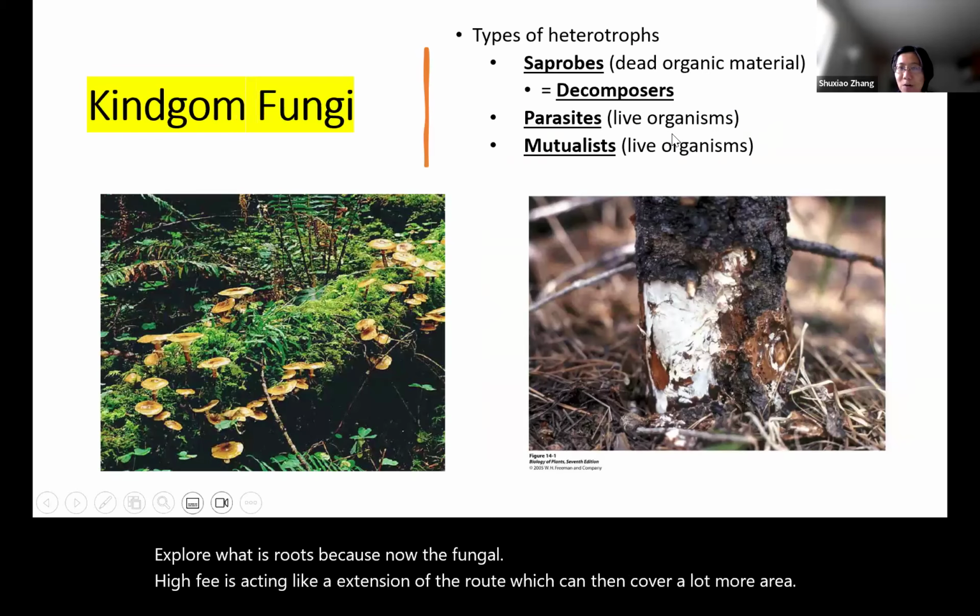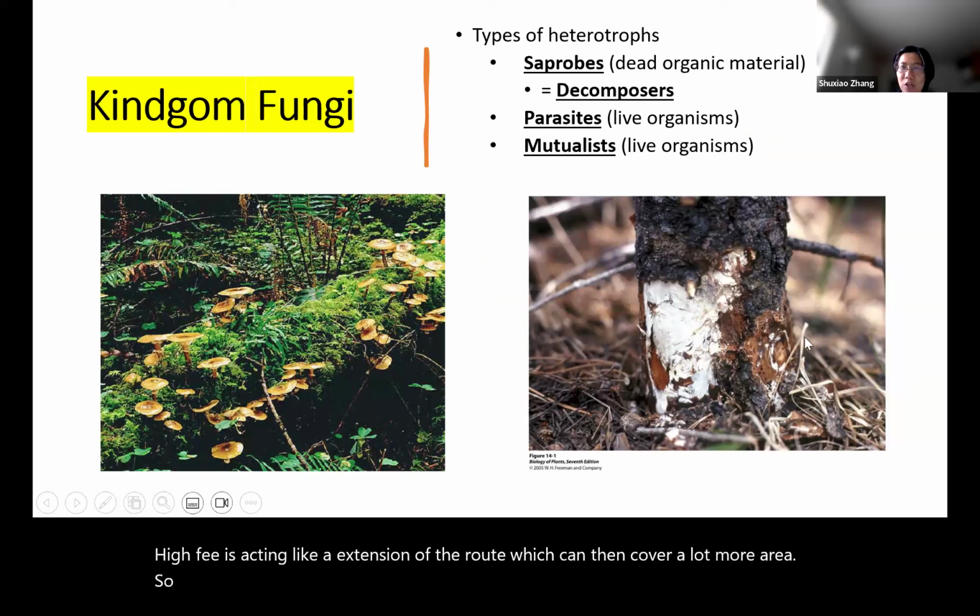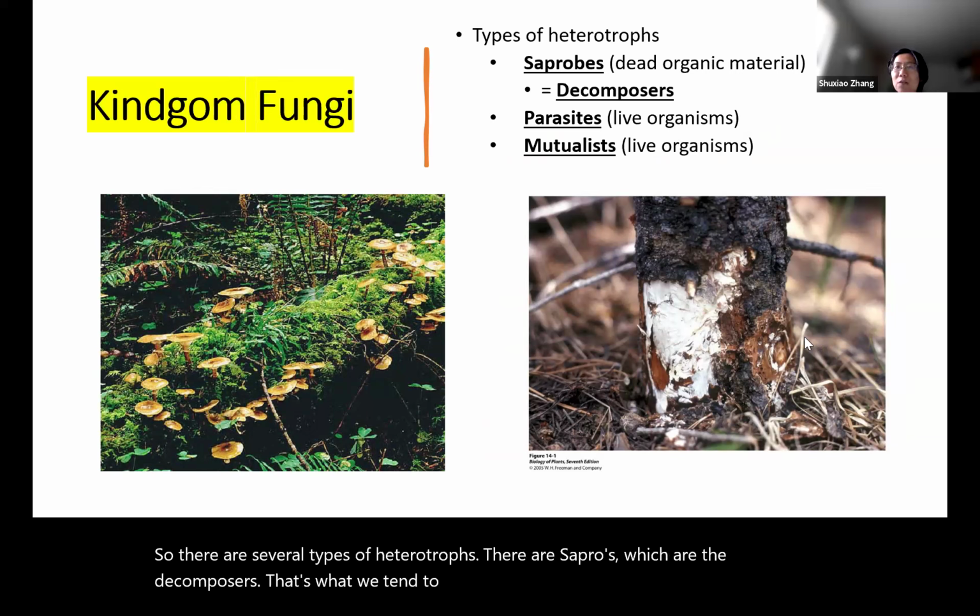There are several types of heterotrophs. There are saprobes, which are the decomposers, that's what we tend to call them, and they feed off dead organic material.